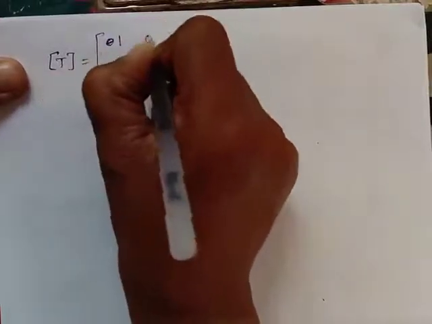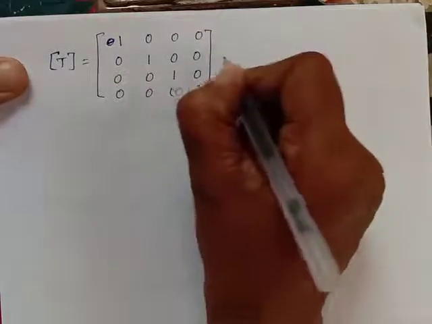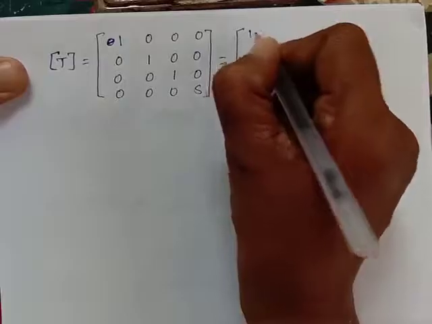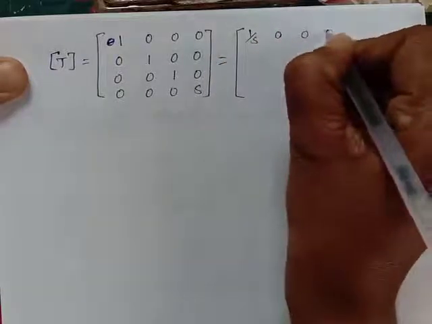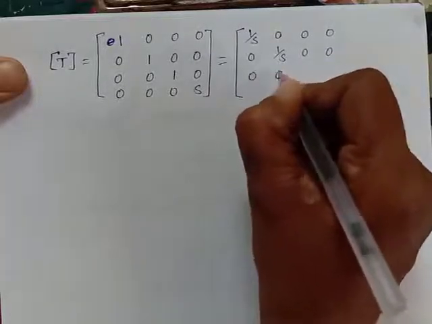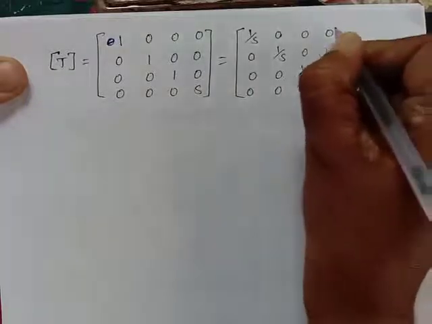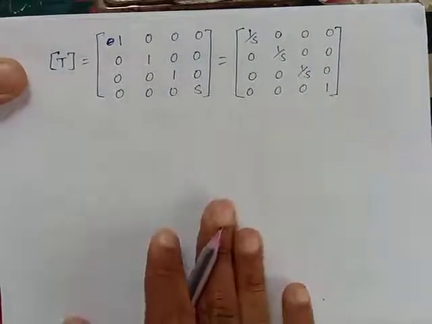This matrix T of overall scaling, 1 0 0 0, 0 1 0 0, 0 0 1 0, 0 0 0 S, can also be written as 1 upon S on the diagonal entries and 1 at the end. From that P star we can write it as such also.